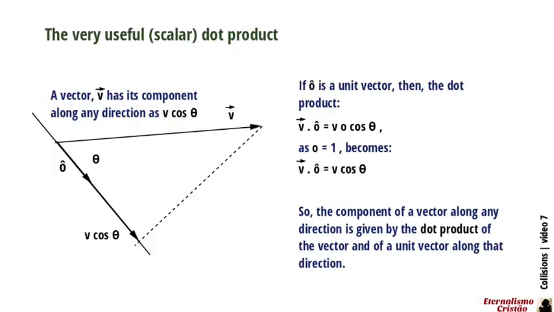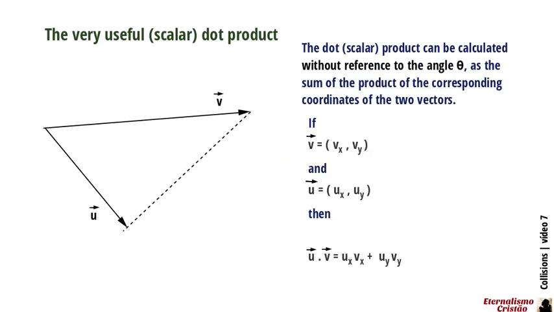Remember, the component of a vector along any direction is given by the dot product of the vector and of a unit vector along that direction. The dot product can be calculated without reference to the angle, as the sum of the products of the corresponding components of the two vectors.